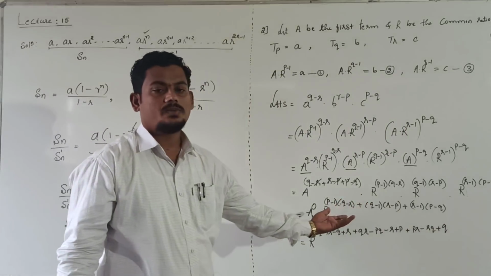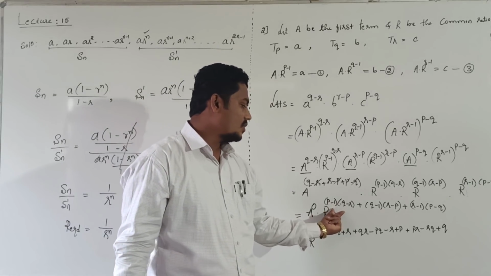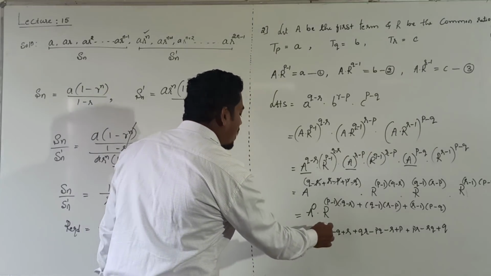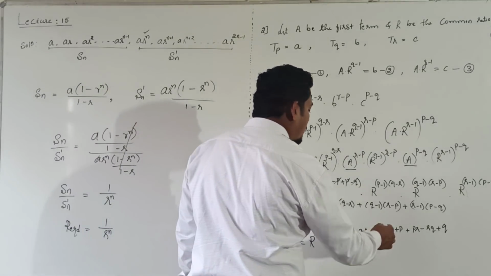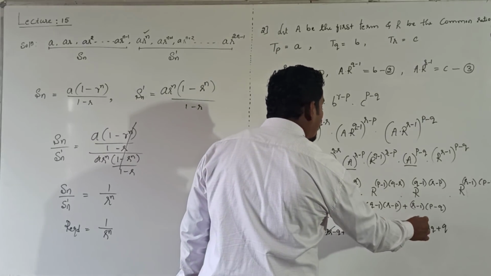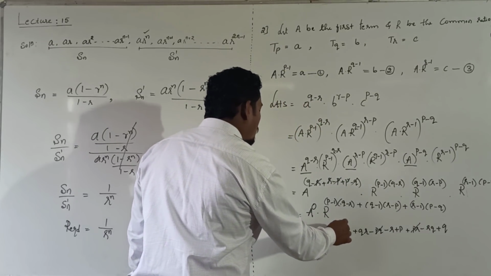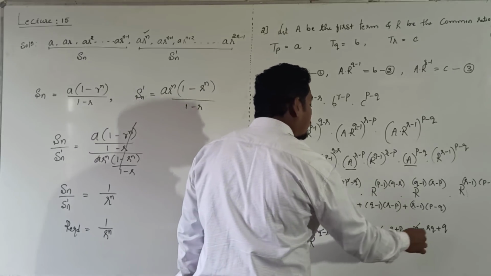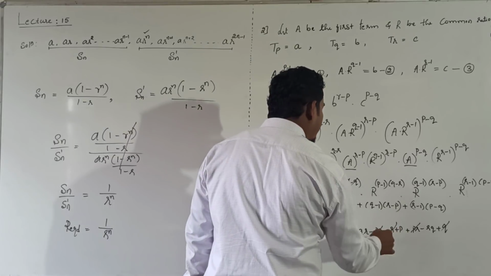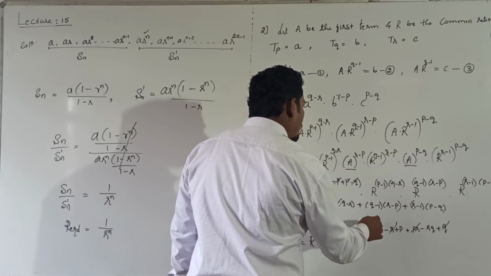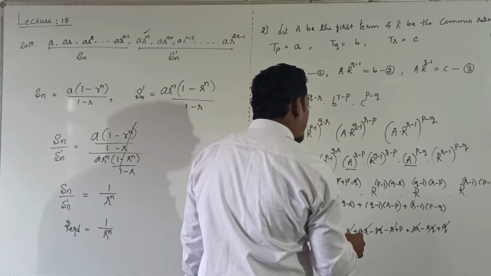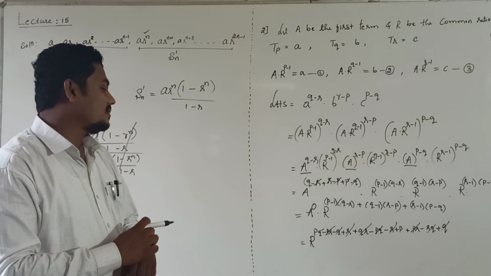Just open these brackets, usual multiplication here, usual multiplication, usual multiplication. Now plus pq minus pq minus pr plus pr minus q plus q plus r minus r plus qr minus qr. All terms will get cancelled.